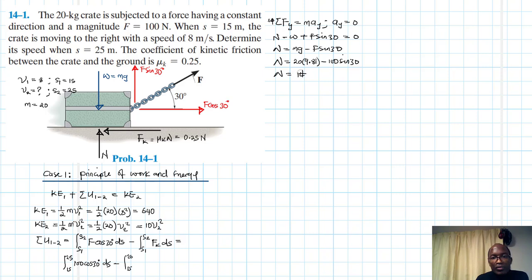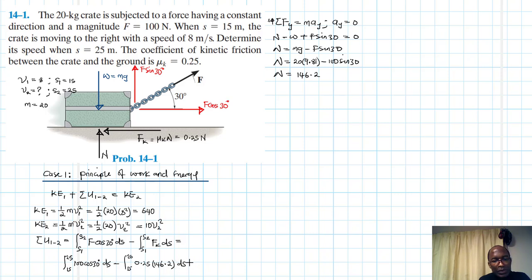So we have 146.2. Okay, so we know what fk is. It's just 0.25 by n, and our n is 146.2.